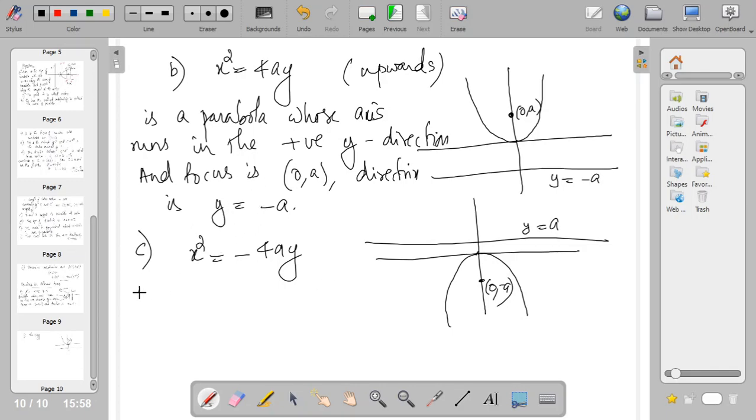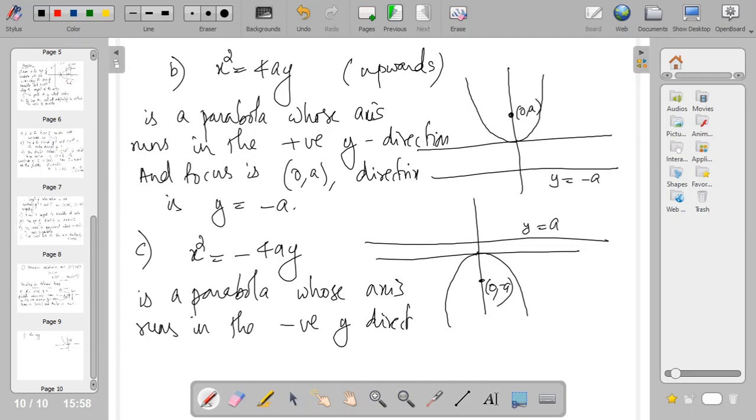So this is a parabola whose axis runs in the negative y direction. So the focus is 0, minus a, and the directrix is y equal to a. So that is the third type of parabola.